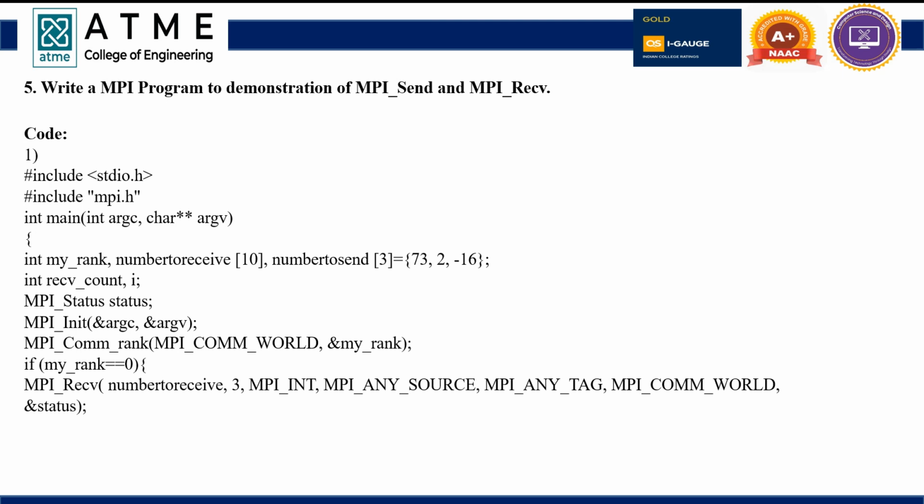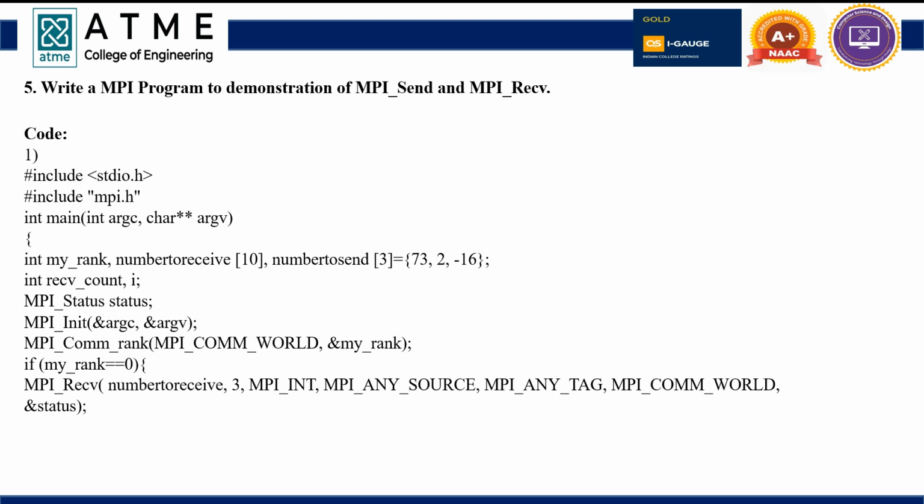The program says include stdio.h and mpi.h. These are the standard input-output functions for the C language, and this program is executed in Ubuntu 11.4.0 version. Now, we include the MPI header also to execute in parallel programming.